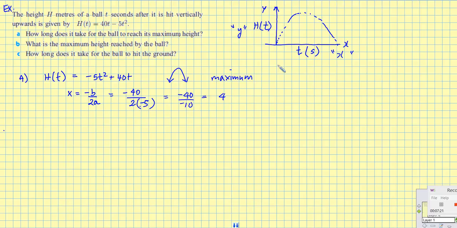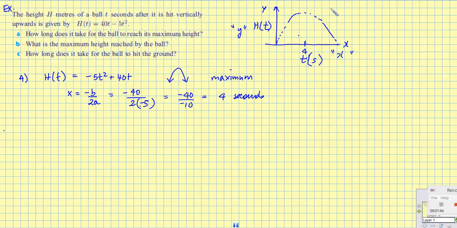So what does that 4 stand for? It's the x value. The x value stands for 4 seconds, so it's along the x-axis. It's 4 seconds. So the ball reaches its maximum height at 4 seconds.